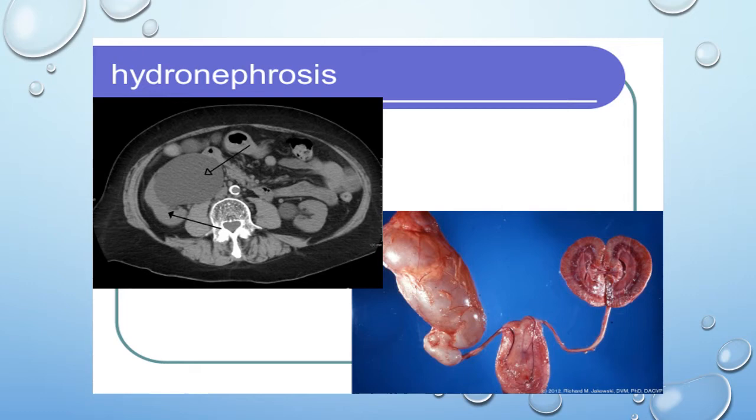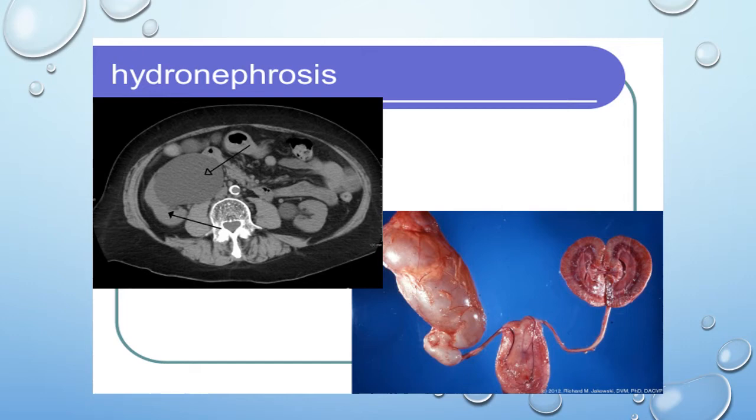Okay, it's distension and dilation of the renal pelvis, which is that center portion of the kidney. So it's now collecting water and storing water when it shouldn't be, and it kind of blows up like a balloon. And in that bottom picture, you can clearly see the right one is a true kidney that's just been dissected open.